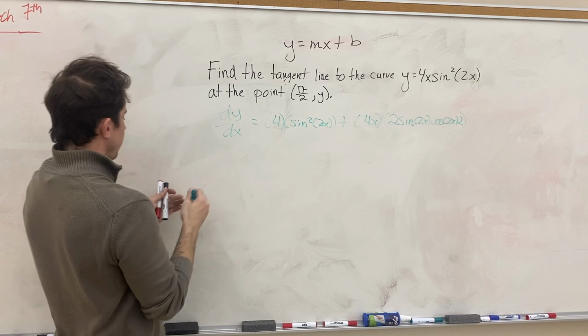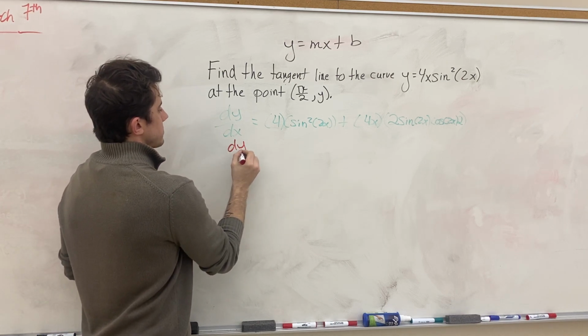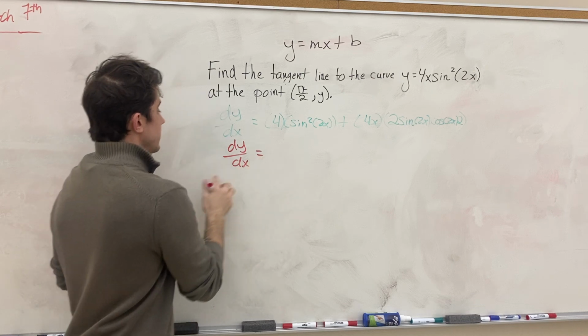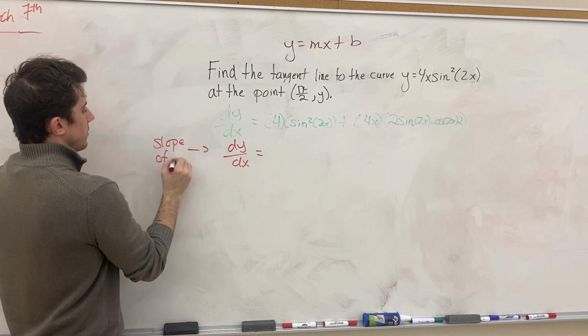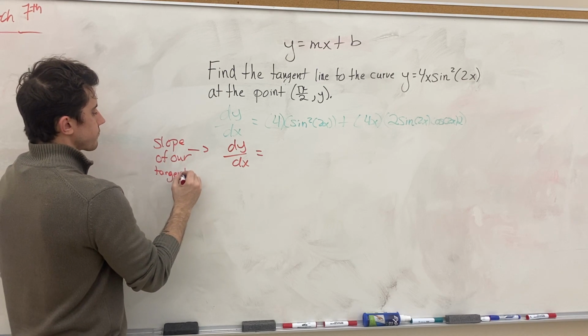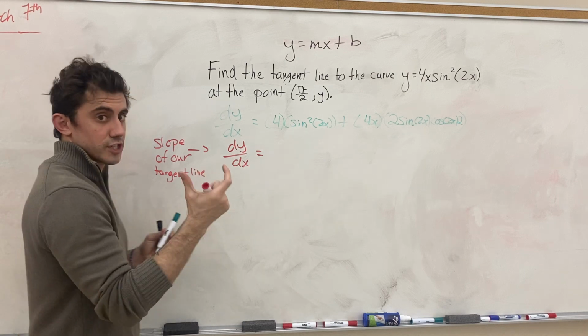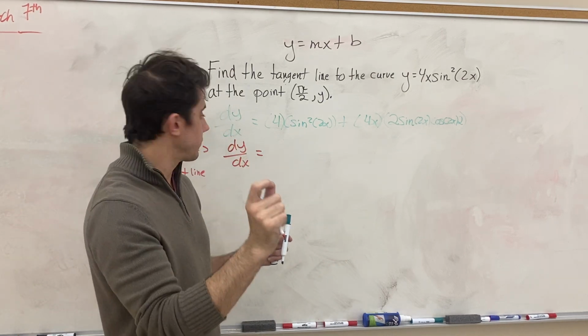And now we can try to simplify this a little bit. So our dy dx, again, this will provide us with the slope of our tangent line, right? The instantaneous rate of change, which is what a slope really is, for that specific point on the curve.